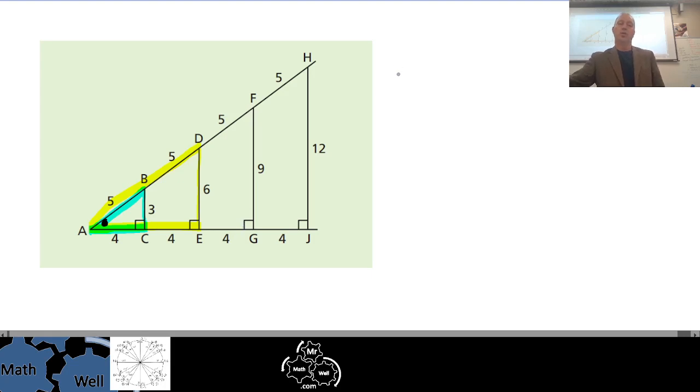So if I were to take a look at the sine of A, and I were to use my small triangle, the opposite side to A is 3, and the hypotenuse for this small triangle is 5. So 3 over 5. Well, what is the sine of A for the bigger triangle, not the next size up?